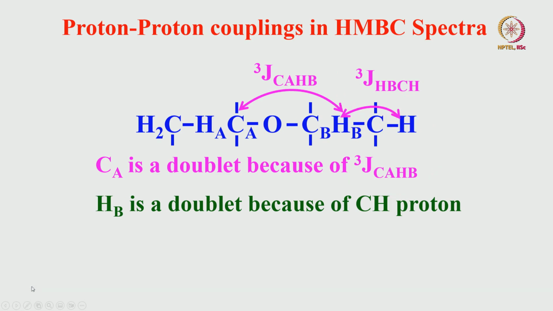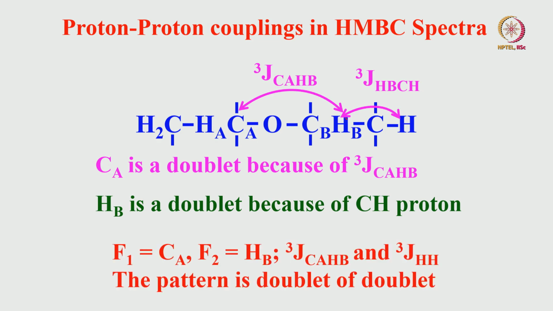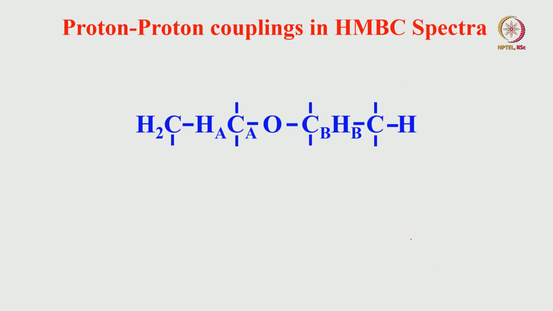In the F1 dimension, we are going to get the chemical shift of A, and in the F2 dimension it correlates to the proton chemical shift of B, and it is a doublet of doublet with a large coupling and a small coupling, which are almost of similar strength: the 3J coupling of carbon proton and the 3J coupling of proton proton. The pattern is a doublet of doublet.